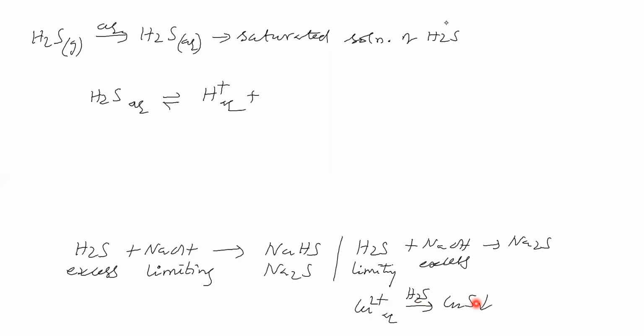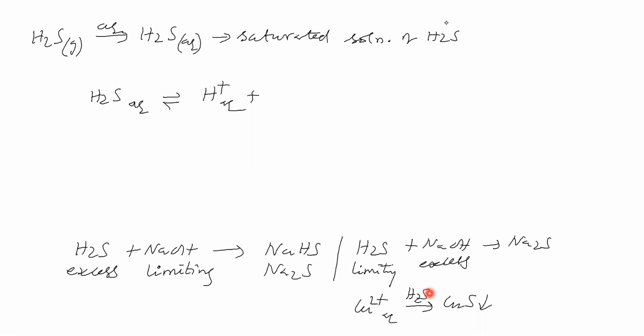This indicates that we pass H2S gas till the solution becomes saturated, and precipitation is possible as the solution goes towards supersaturated. As you go on passing H2S gas, it keeps dissolving; first the solution attains saturation, then on passing still more H2S gas, the copper ion goes for precipitation.